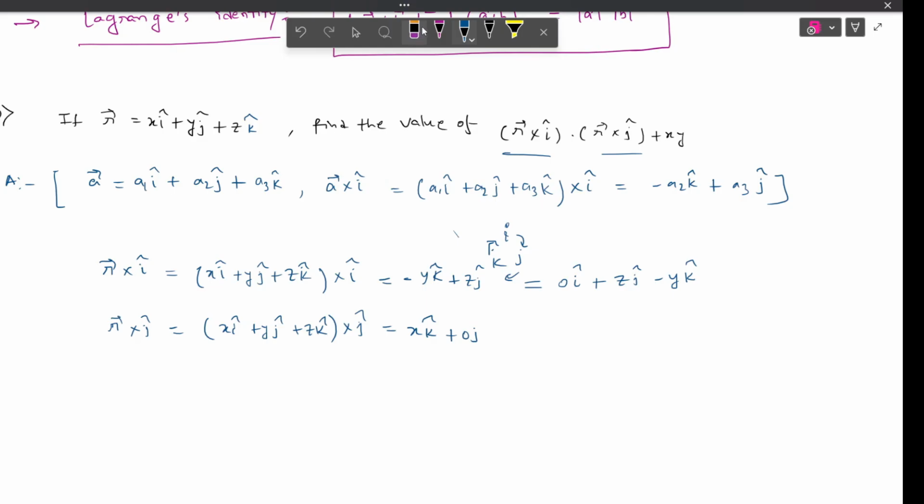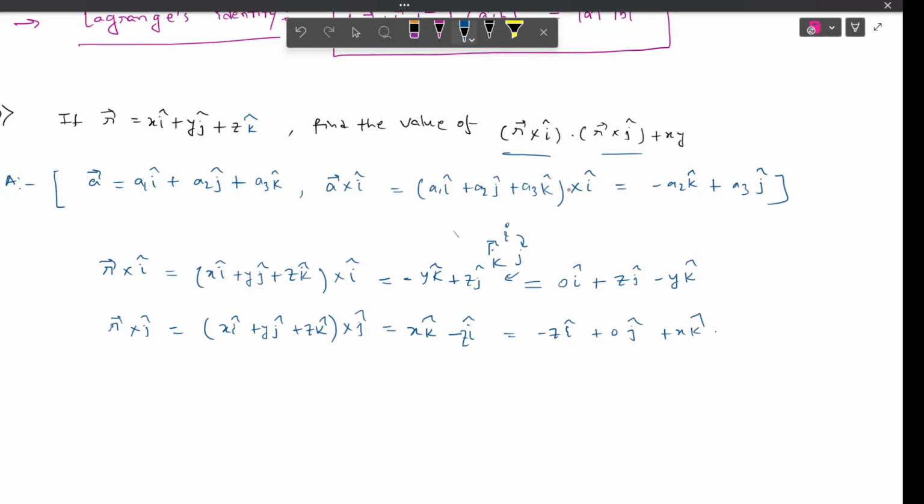Okay, we'll write it later. Now k cross j is minus I, so it is minus z I cap. So j cross j is absent. Writing it in standard form: z I cap plus 0 into j cap plus x into k cap. Wait, with sign: minus z I cap.